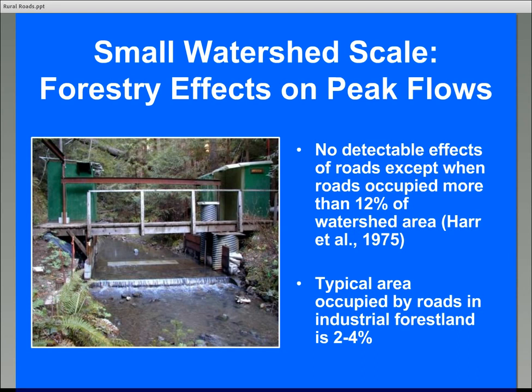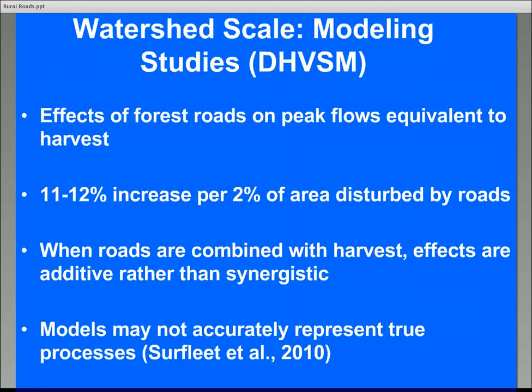And just to put that in perspective, typically, once you're talking at larger scales, industrial forest lands only have about 2 to 4% of the watershed area occupied by roads. So it's very hard to achieve that 12% threshold that was demonstrated in the Oregon Coast Range.